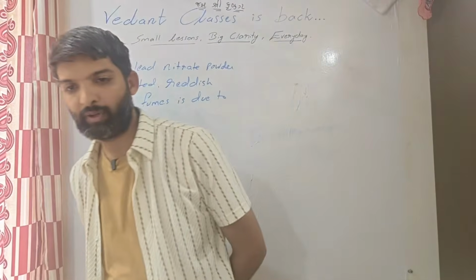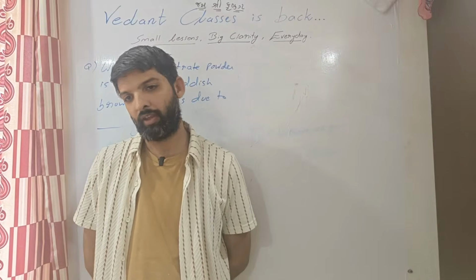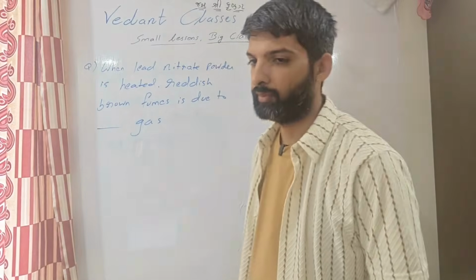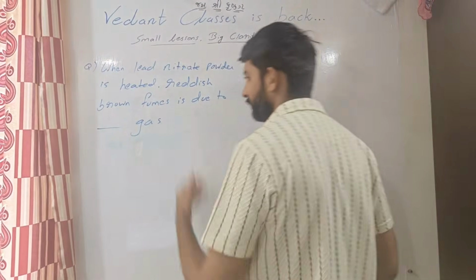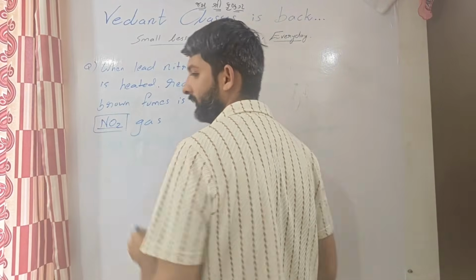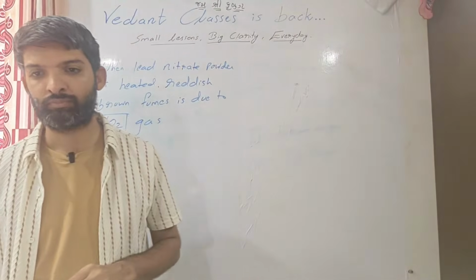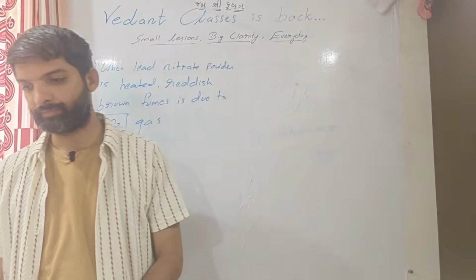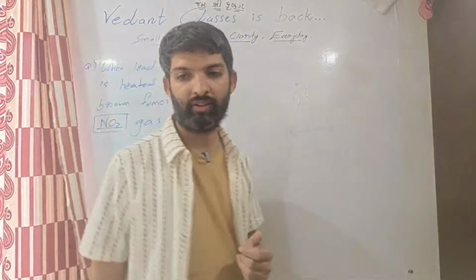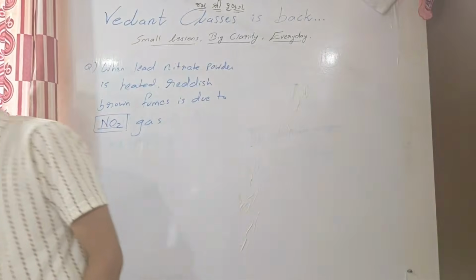They are not replying before I ask, but the instant I finish the question, they reply so quickly. PbI2, lead iodide, is the substance formed. It is not due to this. Brown fumes are due to NO2 gas. It is an activity, and it is mentioned that you need to keep your nose away. So that is due to NO2 gas, nitrogen dioxide gas. Okay, let me ask the next question.